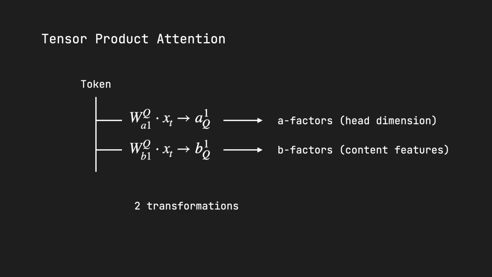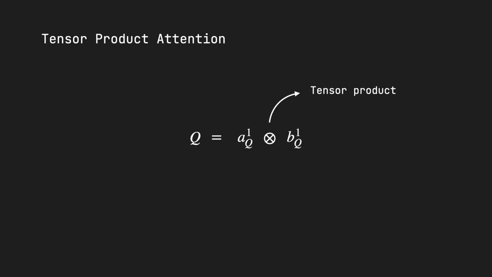You could think of these as two vector spaces which have different dimensions that we're combining together using a tensor product. So this is like tensor product factorization. We would do this for a query, key, and a value.